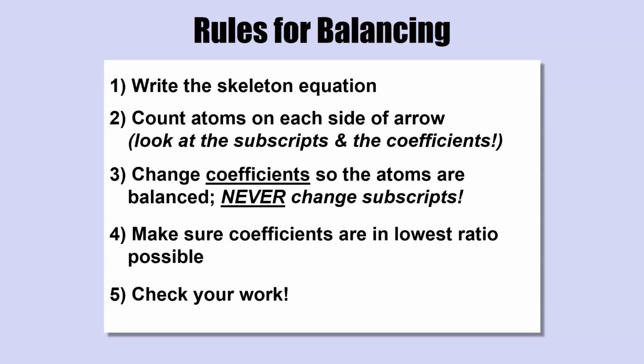Then you always want to double check that you used the smallest numbers possible to balance your equation. We want to have the simplest version of everything. So if you have a 2 and a 2, that would reduce to a 1 and a 1, for example. So always be on the lookout for reducing down your coefficients if necessary. And number 5, the part that nobody wants to do, you gotta check your work.